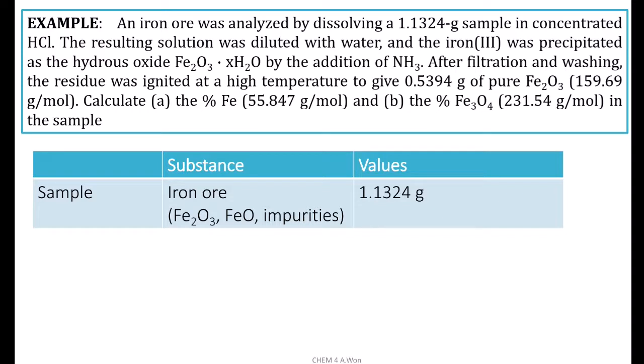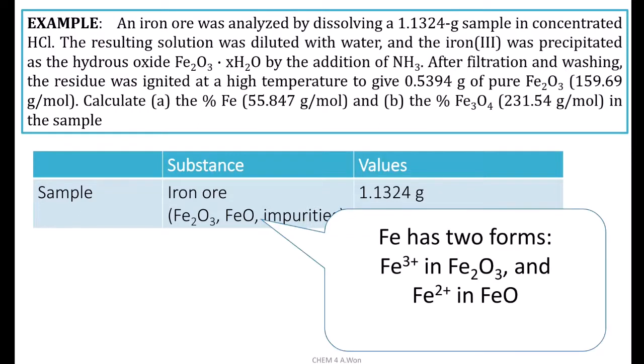Again, let's organize the important data from this problem. So the sample is an iron ore. The mass is as shown. And I also enumerated here the constituents of iron ore, particularly Fe2O3 and FeO.